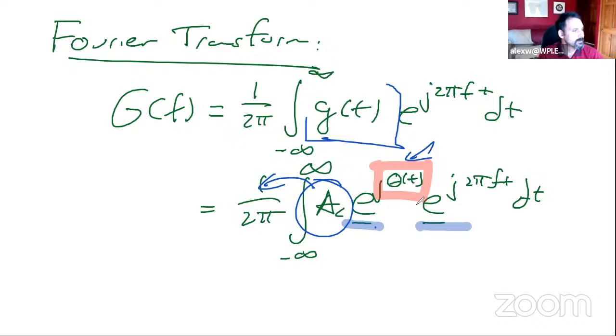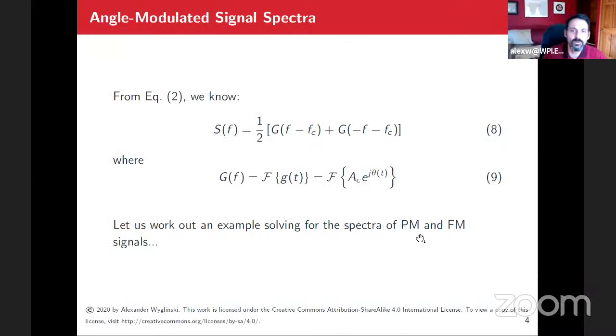All right, so now let's move on with respect to the angle modulated signal spectra. We saw this, and this is really important, but this is going to be a variety of different Fourier transform manipulations.